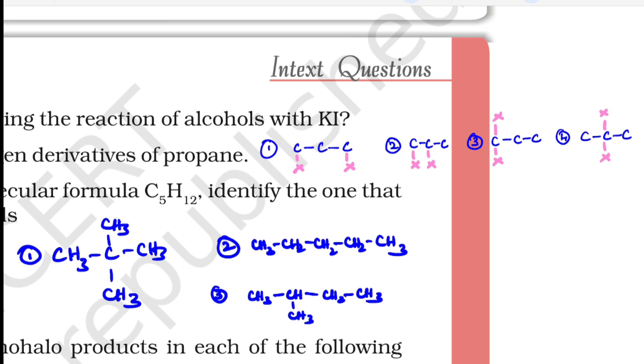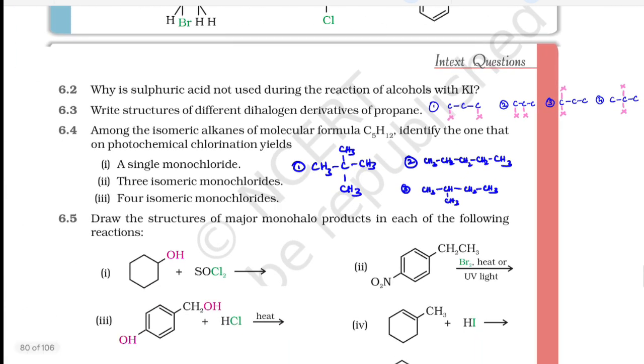So dihalogen means one halogen attached here and the second halogen attached to this carbon. Another probability is attached to this carbon and then halogen to this carbon. Third probability is to the same terminal carbon we can attach 2 halogens. And next probability is to the center carbon we can attach 2 halogens. So these are the 4 possible products obtained for propane.